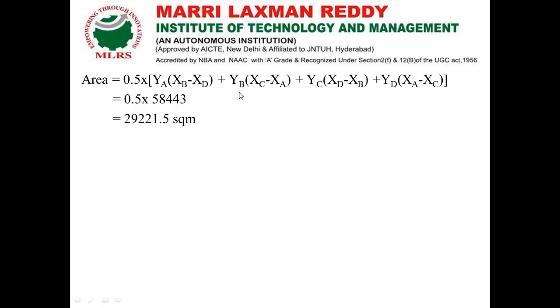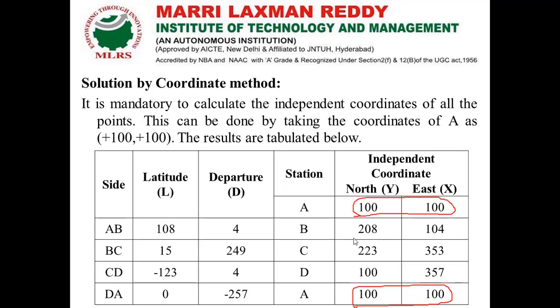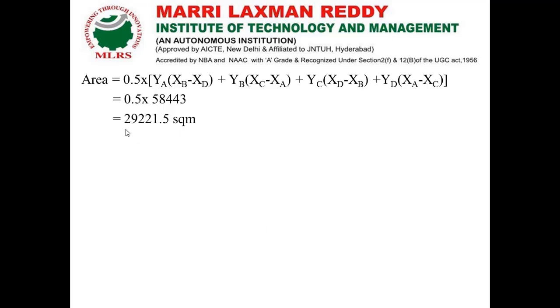So while substituting the values of these coordinates, I can get the value of 29,221.5 square meter.